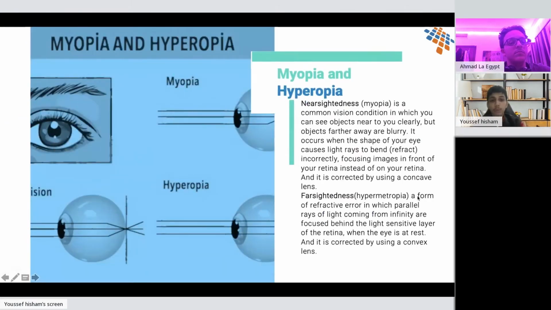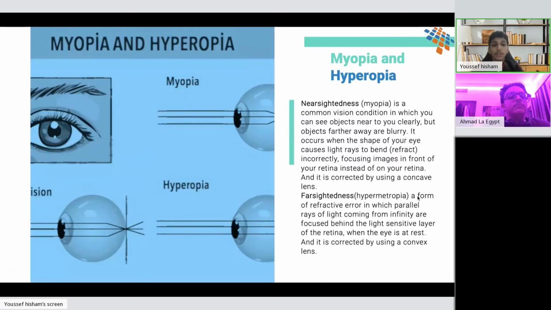So here, talking about myopia and hyperopia. As you know, myopia is also called nearsightedness, which is a disease that comes maybe from looking at the light too much, maybe using your phone or your laptop for a really long time. It may cause nearsightedness, which is really common nowadays because a lot of people in our generation are using devices like computers, phones, TVs. And hypermetropia, also known as farsightedness, is a disease really common for people with old age.